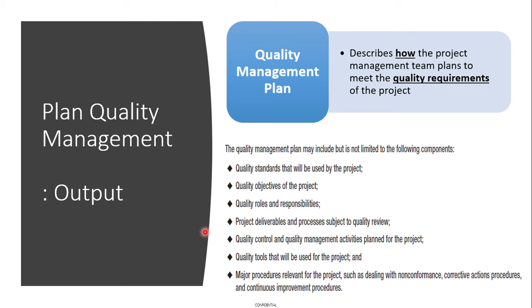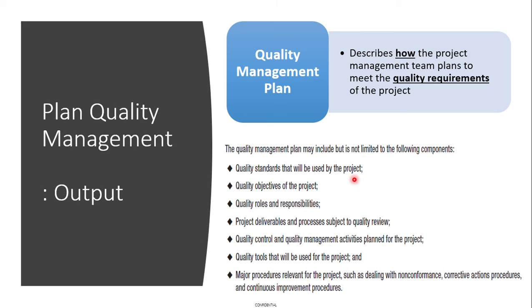So the output of the quality planning stage is obviously the quality management plan that will describe how you are going to manage quality of your project. The output will be the quality standards that you are expected to adhere to in your project.